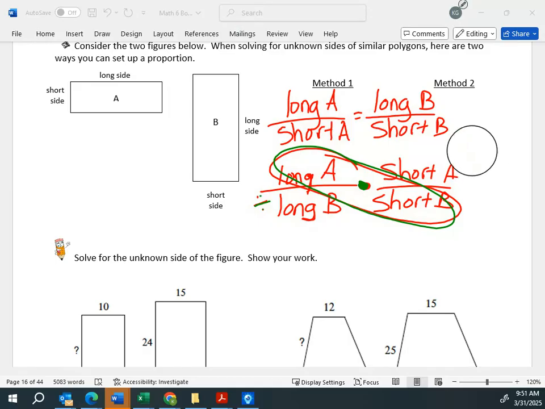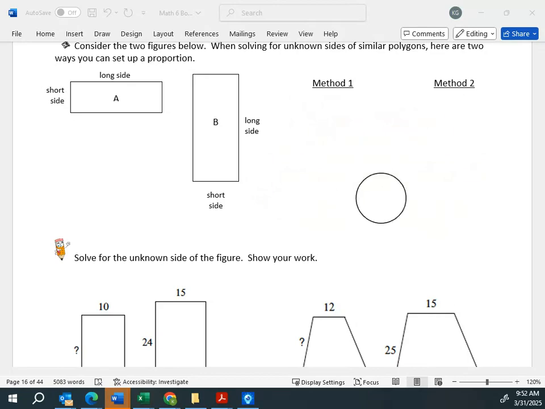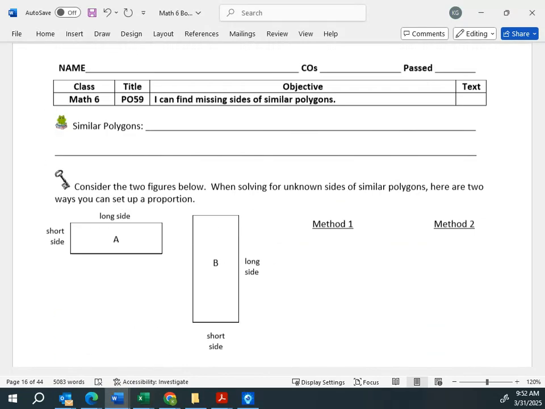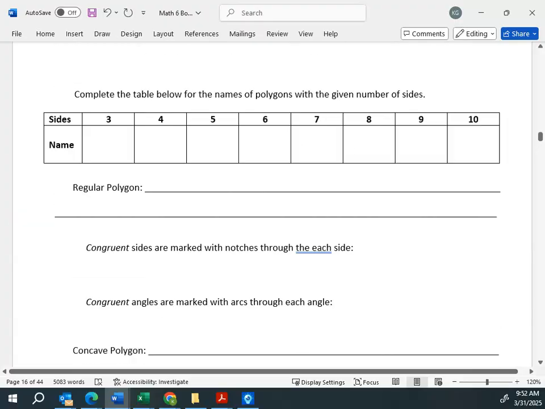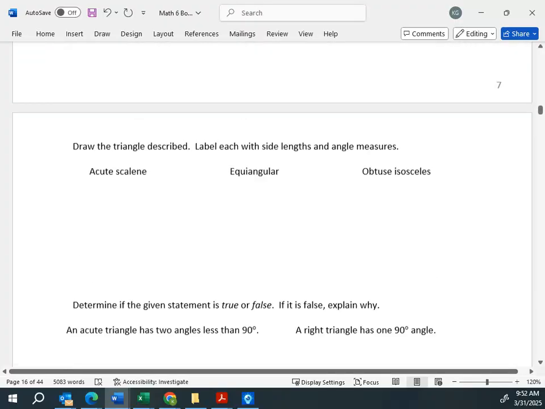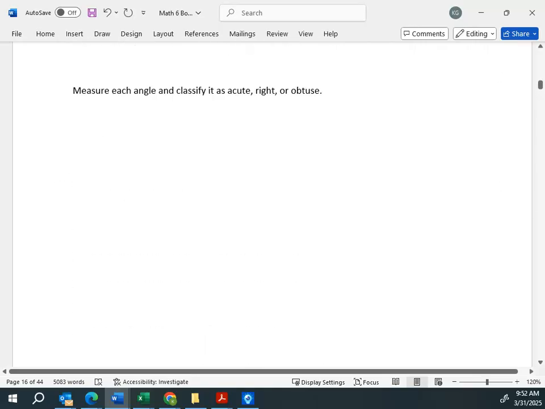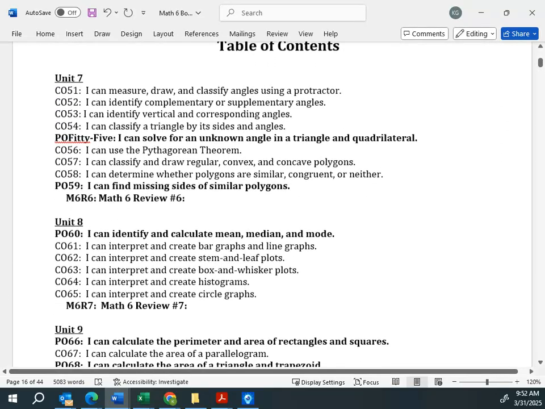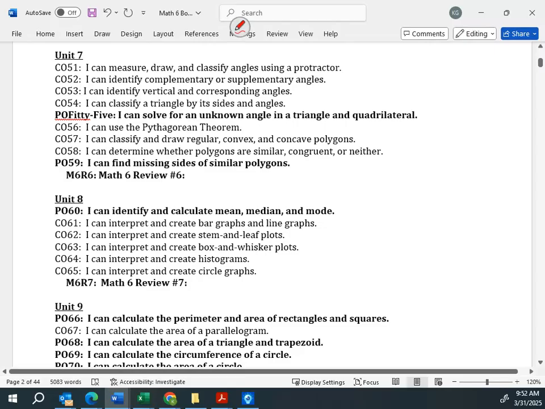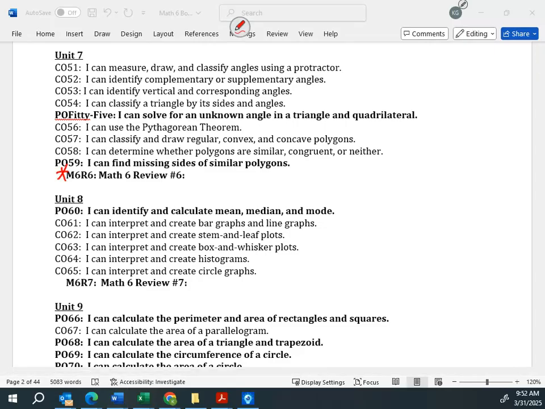Now, here's the thing, friends. Our last questions on the test are always the Math 6 review. So if we look at the very beginning of this binder, we see on the table of contents, Math 6 review. We don't know what those questions are going to be today. They'll be on the practice test. It will tell you what those POs are that we're going to be reviewing. You're going to need binder 2 to review those ones.